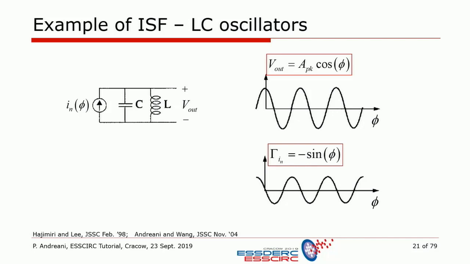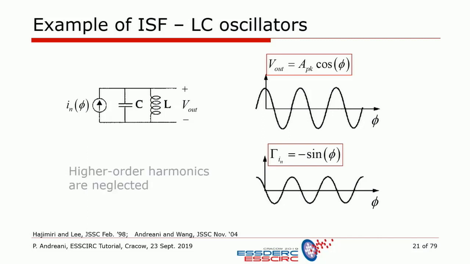So, for instance, in LC oscillators, we see that very conveniently the gamma function is actually a sinusoid, in most oscillators, I should point out. So basically all single-ended and differential oscillators, unless you do something to avoid that, but then the gamma function is in quadrature with the oscillation voltage.